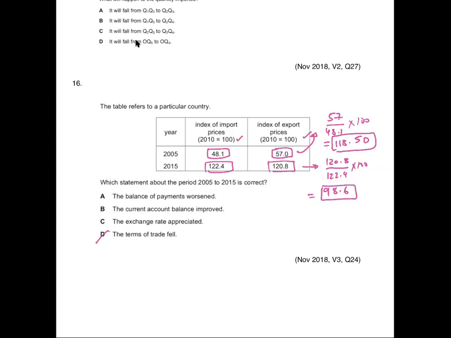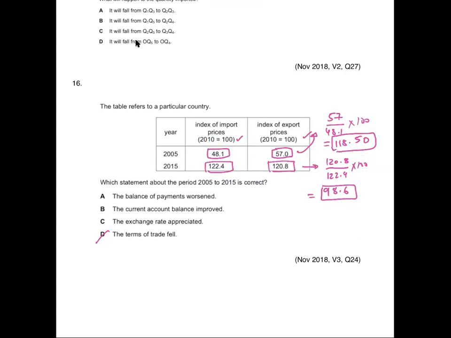When I calculated, my terms of trade has gone down. I found out the simple formula: Px over Pm times 100. In 2015, my terms of trade was 98.6. In 2005, my terms of trade is 118.5. And the base year, of course, was 100.